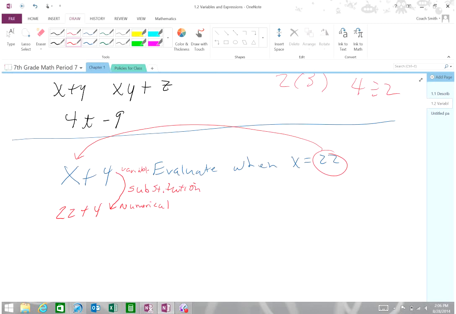I substituted in the value x equals 22 into my variable expression. Now I'm going to take 22 plus 4 and get 26. So to go from the 22 plus 4 to the 26, that is simplifying.